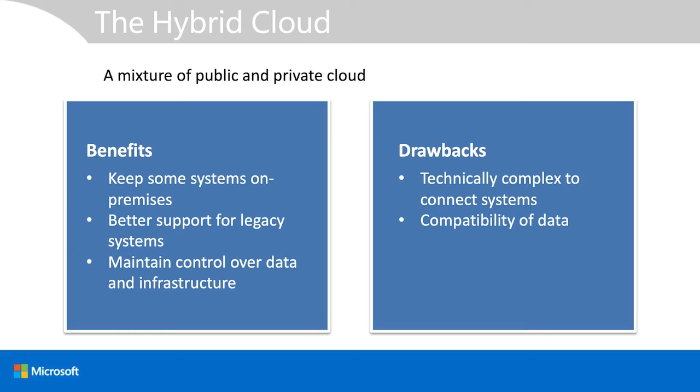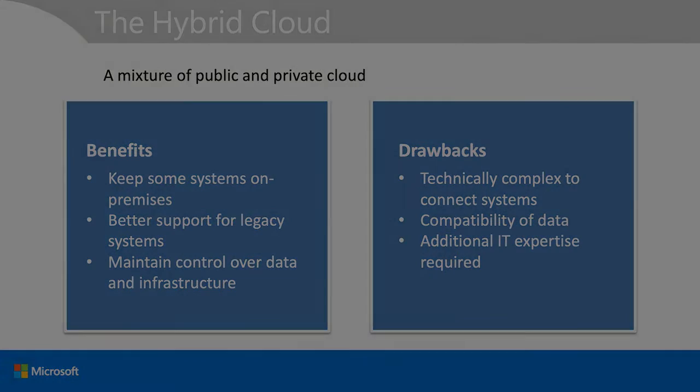You'll also need to ensure that data hosted on premises and in the cloud is compatible, and that may require some additional development overhead to ensure that all your resources can properly consume your data. And both of these drawbacks are likely going to require that you have additional IT expertise in your company, and that usually means hiring new people or training existing people to meet those challenges.